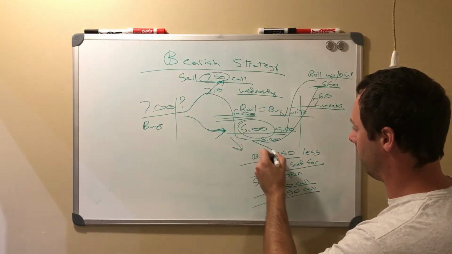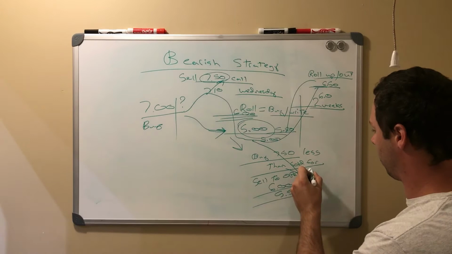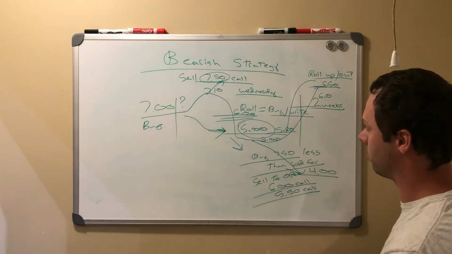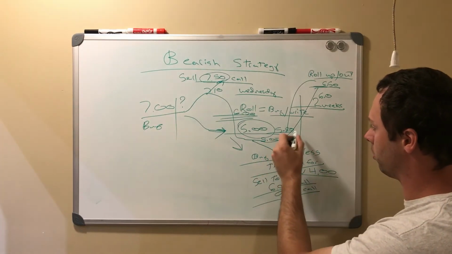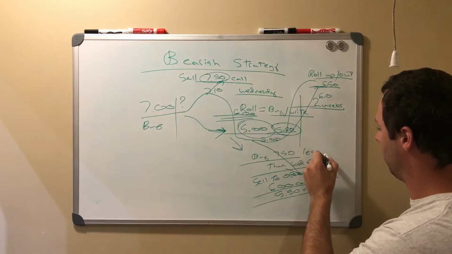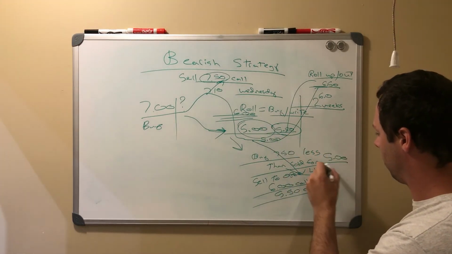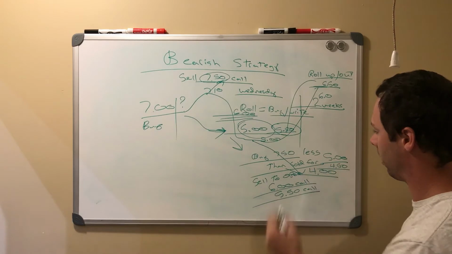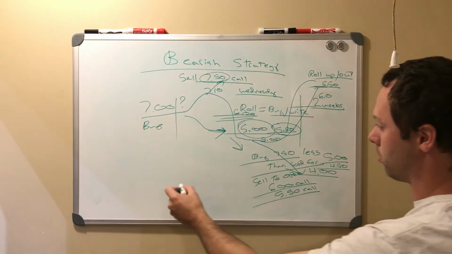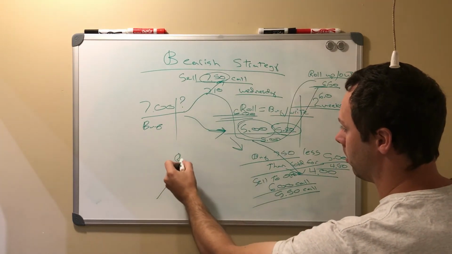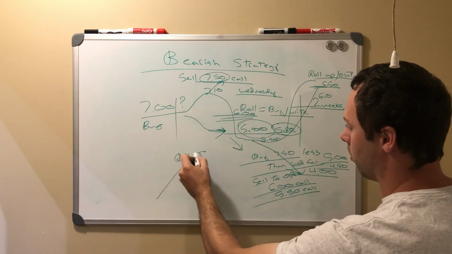So what do we do if the stock keeps going down? Let's say it goes down to $4. The stock tanks. You're just gonna roll. You sold that $5.50. You can roll down to $5 or $4.50. And when the stock comes back up, you just roll out.